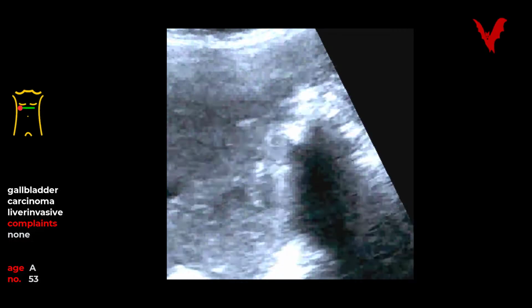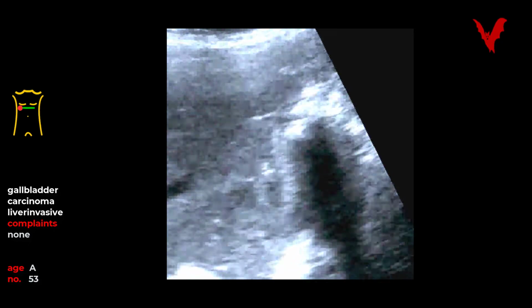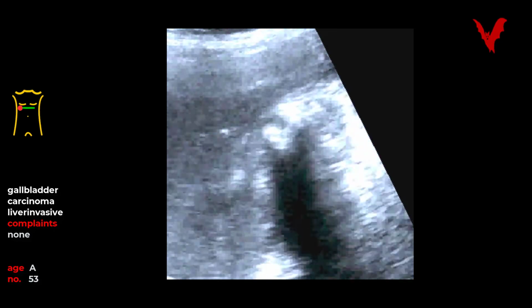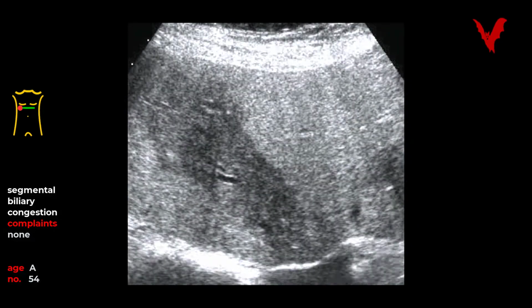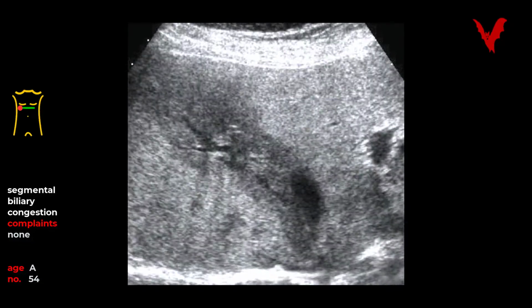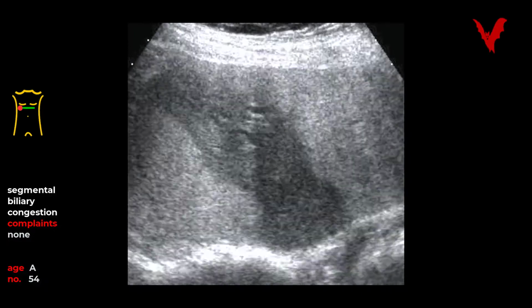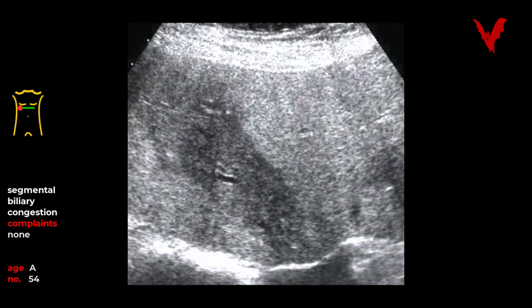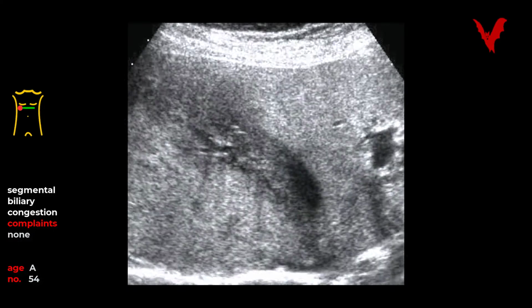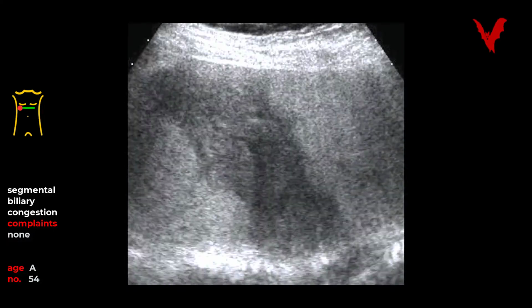This gallbladder carcinoma in 53 already invaded the liver. A malignancy in figure 54 was leading to this extraordinary biliary congestion, compared to case 28 with no biliary congestion.